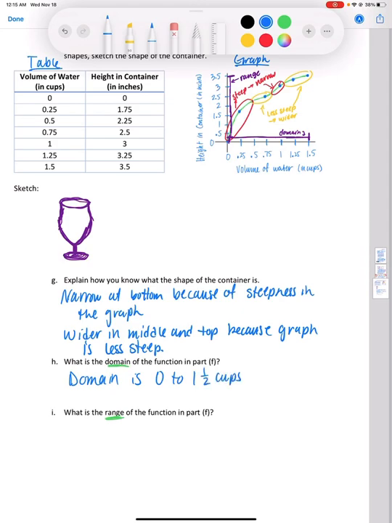Okay, obviously you can have more cups, but we're only looking at 0 to 1.5 cups. Range is 0 to 3.5 inches. Okay, that's as far as it spans.